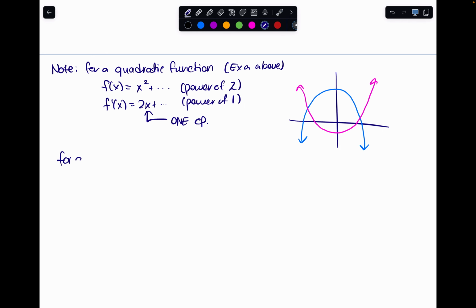For cubics, which we'll see some examples. Actually, I'll put an example in the guided study for this, and I want to see how you do on it. You're going to have f of x equals x cubed plus something, and when you take the derivative, it's going to reduce in power to 2. Now, quadratic functions, when you set f prime equal to 0, have two solutions.